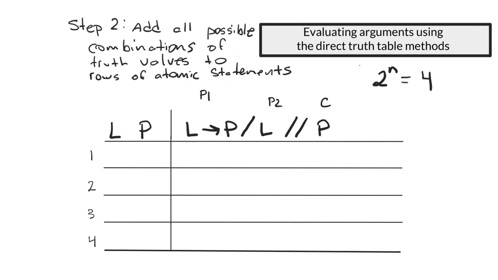So we add all the possible combinations of truth values by row. For me, the easiest way to start is when they are both true, where L is true, and in this case, P is true. And then the next row, L is true, P is false. The third row, L is false, P is true. Got to have that combination.